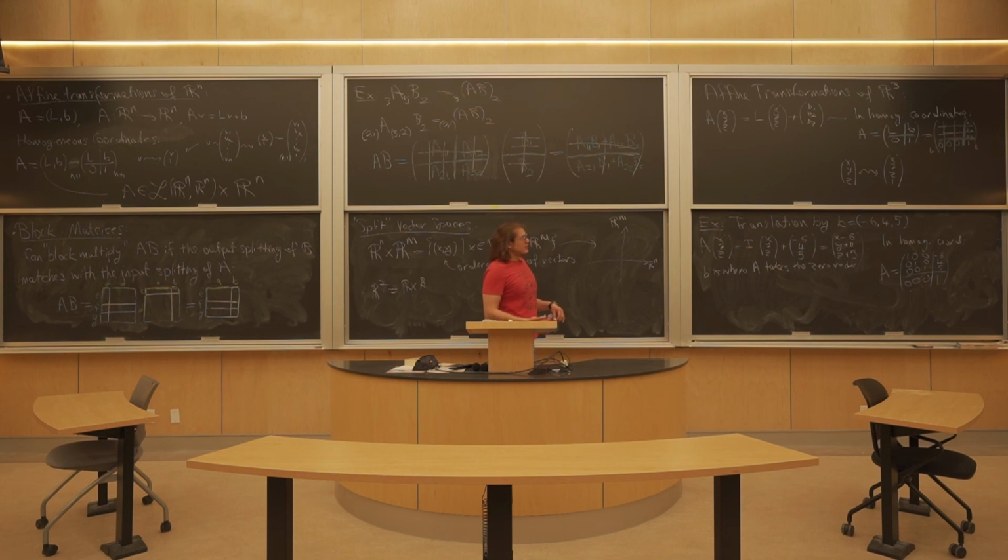It might say something like: first translate by this vector, and then rotate by 60 degrees. Or it could say, rotate the three-dimensional space around this particular point, not the origin, but some other point.